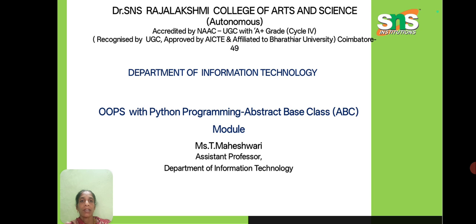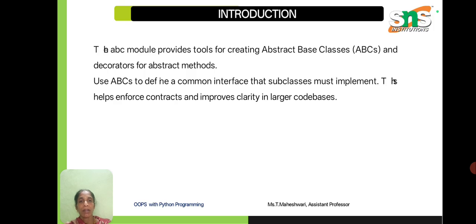It is a module that contains different functions, classes and objects that provide different kinds of tasks in our programming. That's why we are using modules in Python. It is one of the modules that provides tools for creating abstract base classes, decorators and abstract methods.